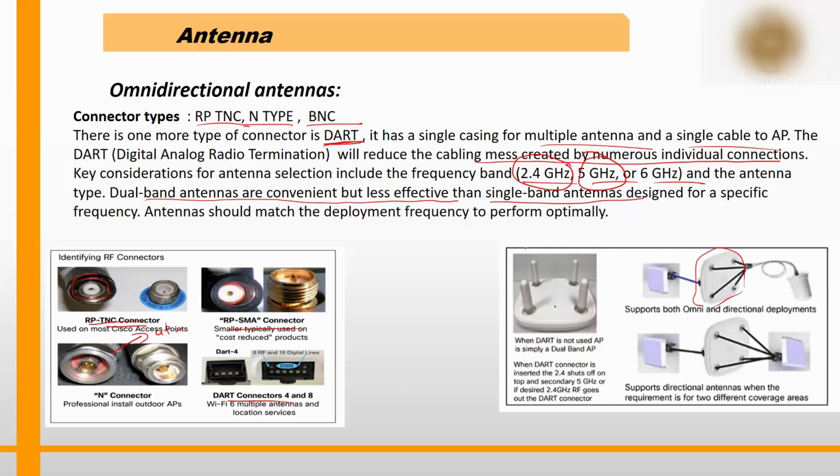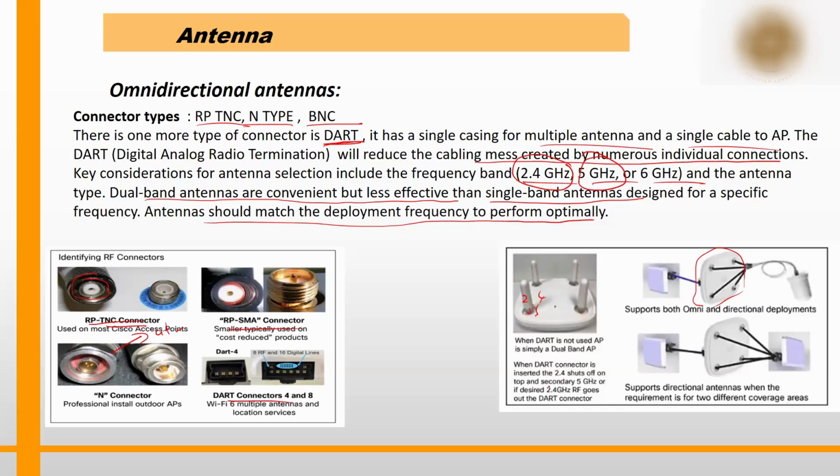So a single antenna supporting both 2.4 GHz and 5 GHz, it is called dual band antenna. Okay. And they are convenient but less effective than a single band antenna designed for a specific frequency. Antennas should match the deployment frequency to perform optimally. You can see this is the DART antenna where it has a collection of antennas.